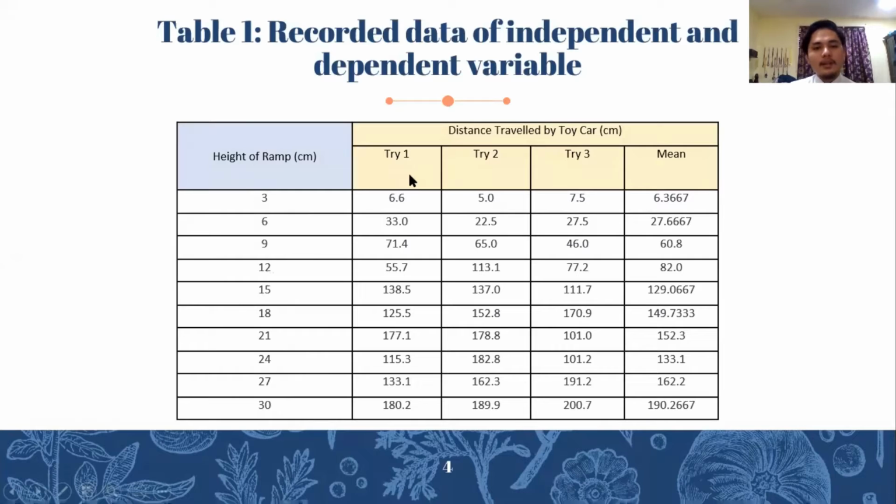In our first try, for a height of ramp of 3 cm, we gained 6.6 cm, 5 cm, 7.5 cm, and the mean is 6.3667. So how do we gain the mean? We sum the 3 values and divide by 3 because we tried it 3 times. Hence that will be our mean for each height of ramp.